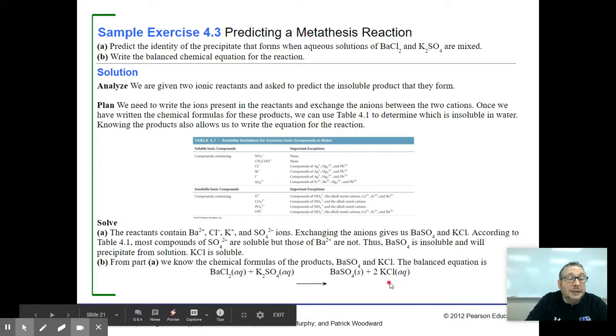So again, pay attention to the charges when you switch cations and anions. Barium is 2+, sulfate is 2-, no subscripts. Potassium is +1, chloride is -1, no subscripts. But you notice we had to add a coefficient of 2 in front of the potassium chloride because the potassium and chlorine on the reactant side had 2. So we have to make sure we balance them.